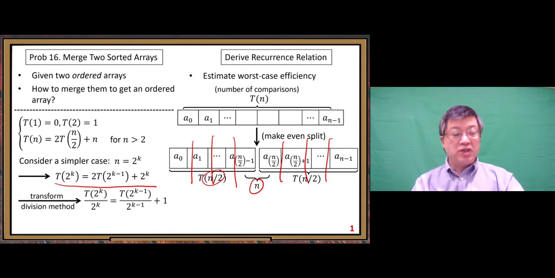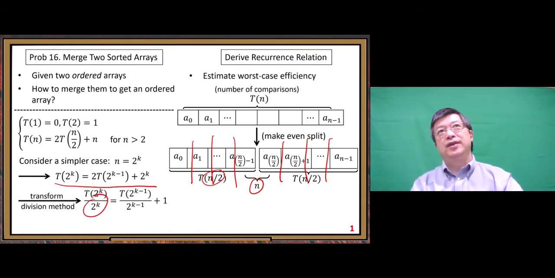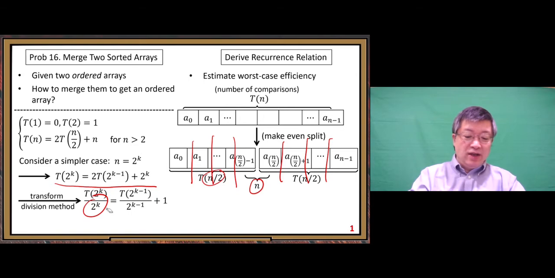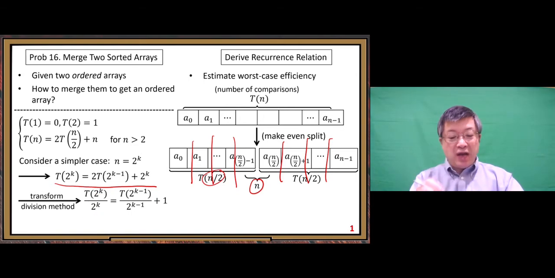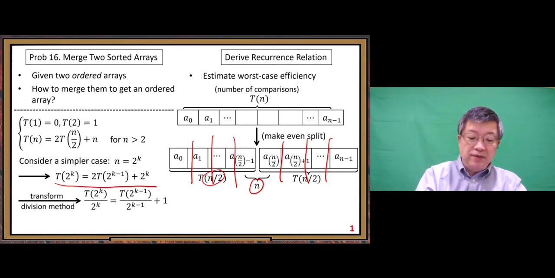That special number is 2 to the kth power. That's based on my intuition, my experience. Why is that? Because after that transformation, you will see we get this new expression.